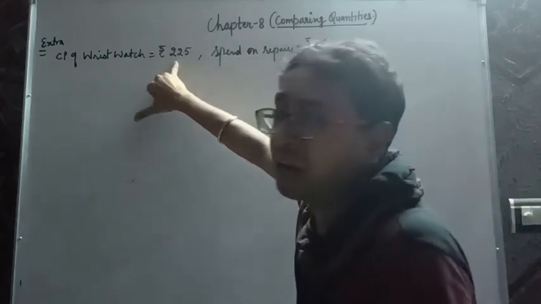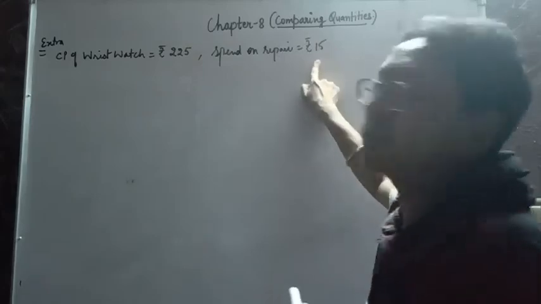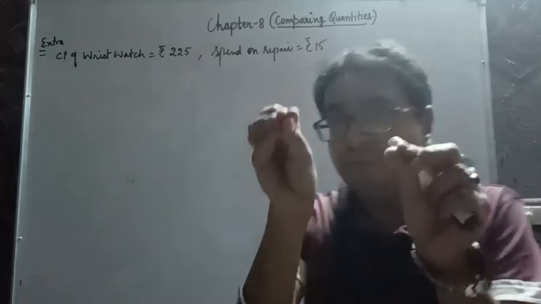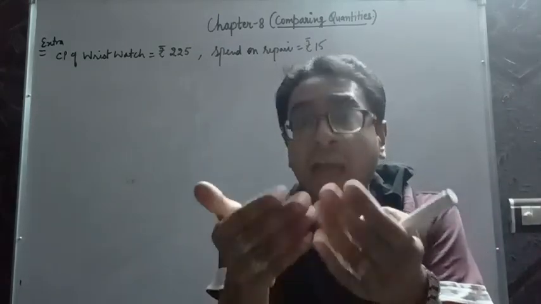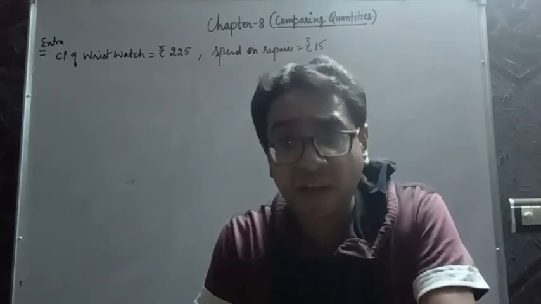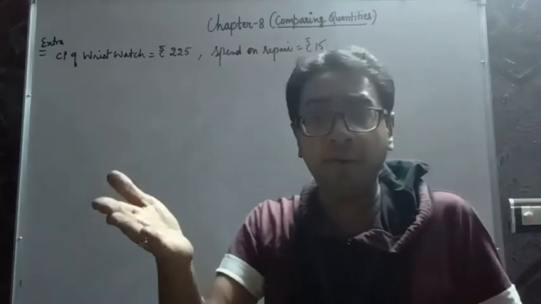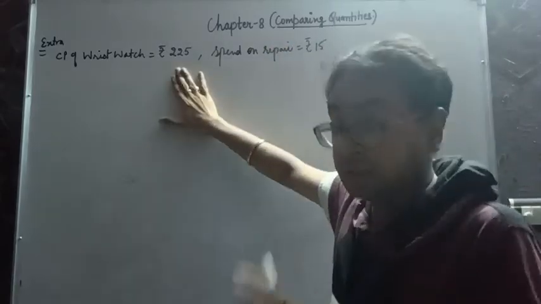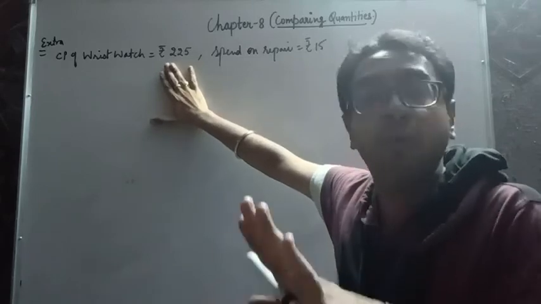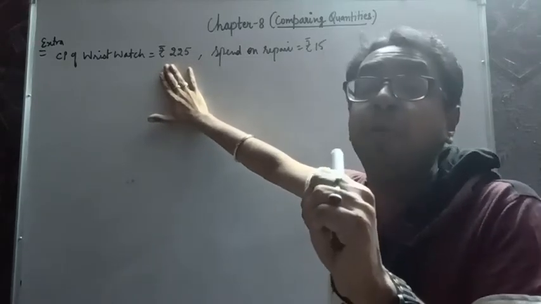I'll be selling that based on this value or this plus this value? Extra 15 rupees I paid to rectify and correct the defect. Similarly, understand, I also bought it for 225, but 15 rupees I have to pay extra in the repair part.